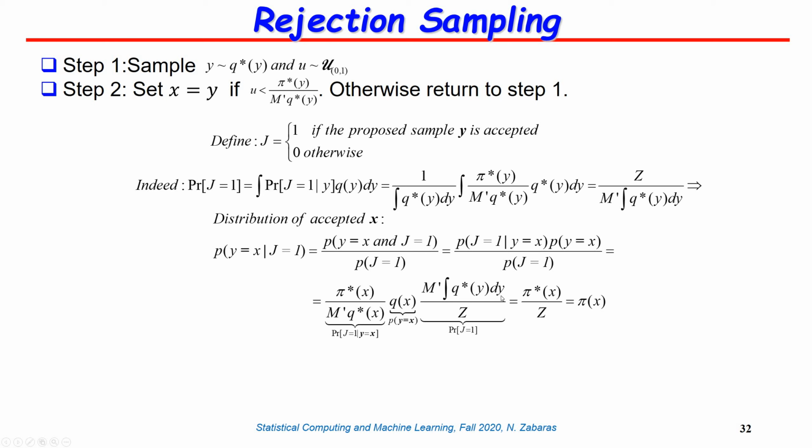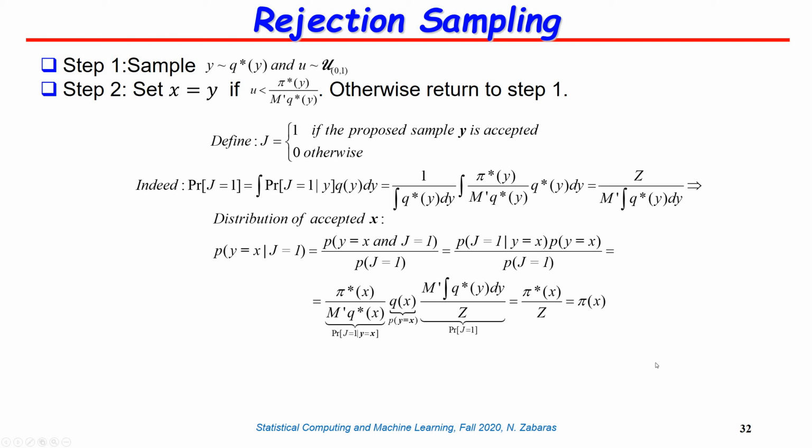All right, so let me try to see what is going on. m prime and m prime are going to cancel out. And then what I have here is q star divided by the normalization factor of q star. That will give me q, so q is cancelled out. So what I get is pi star over Z, which is pi of x.